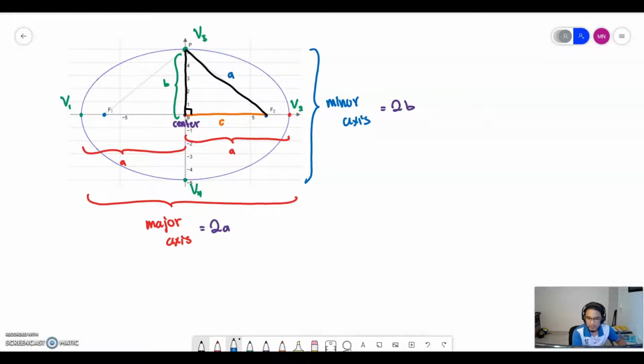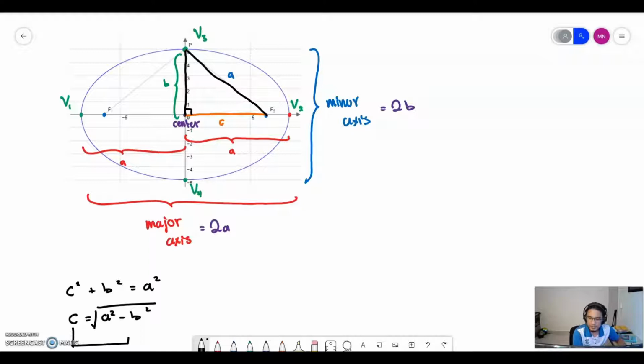From that we will have the equation of the right angle triangle. We produce the Pythagoras theorem: c squared plus b squared equals a squared, and c equals the square root of a squared minus b squared.